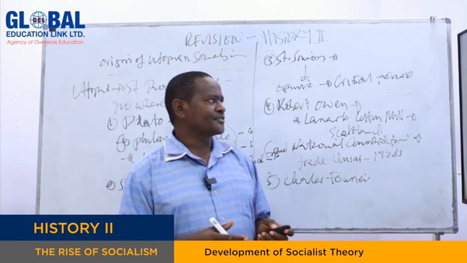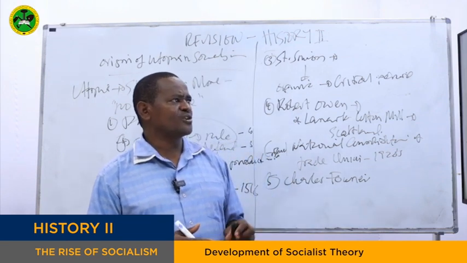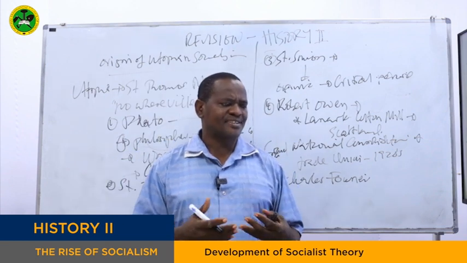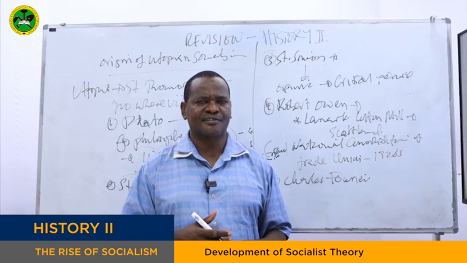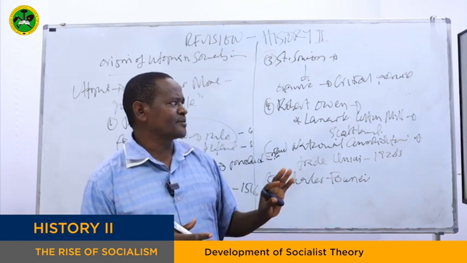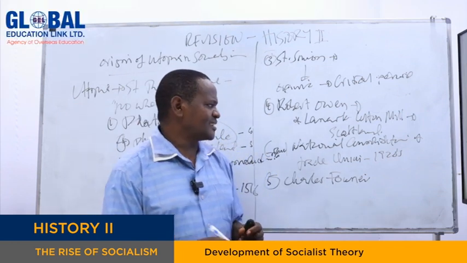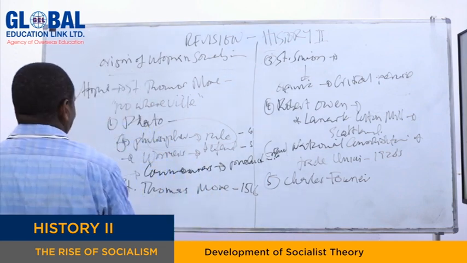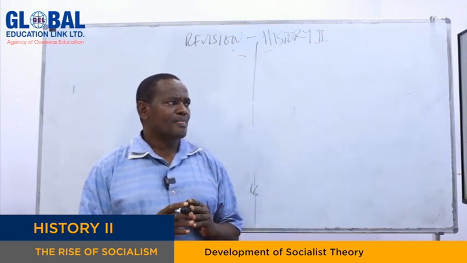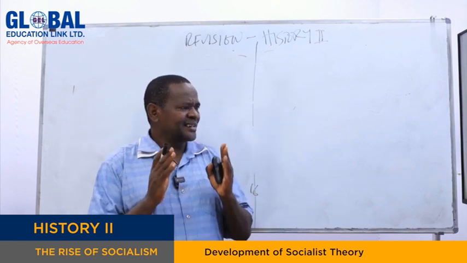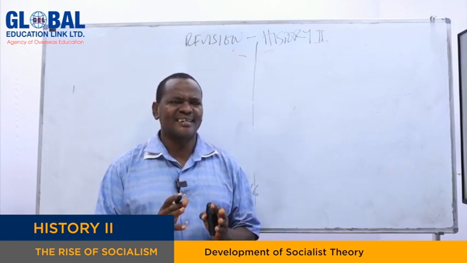So, my dear students, let's now move to the features of utopian socialism. What characterized utopian socialism? The first characteristic is that they wanted to establish an ideal society, a society in which people will be equal legally, politically, economically, and socially.